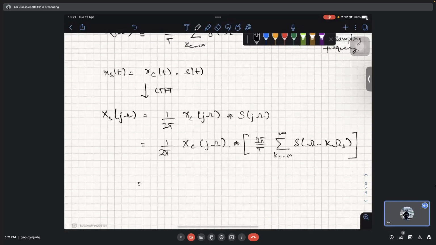So finally, the 2 pi and 2 pi get cancelled, and what we are left with is 1 by T times the sum over k equal to minus infinity to infinity of Xc of j(omega minus k omega s).